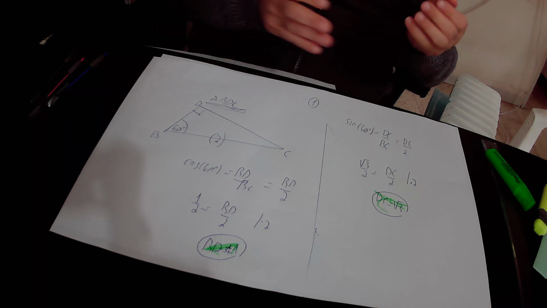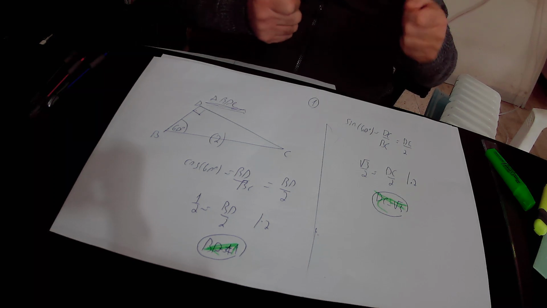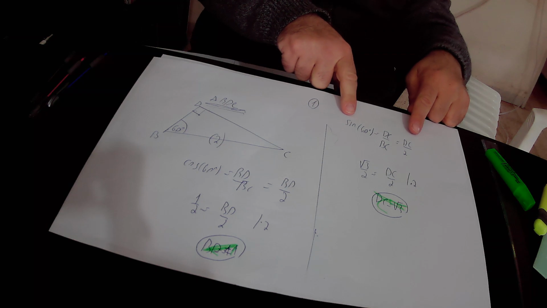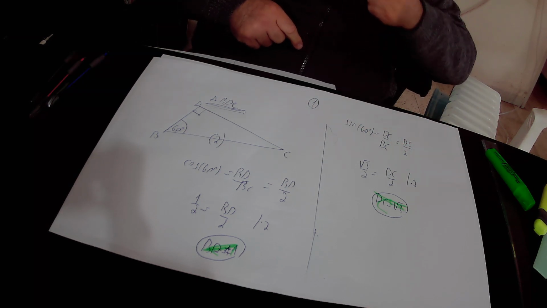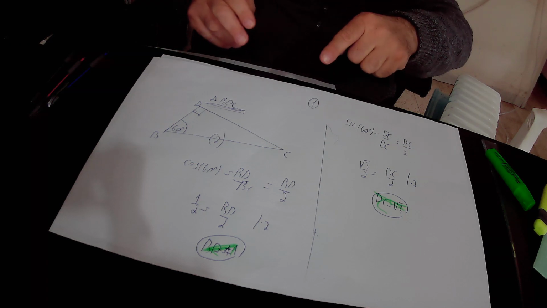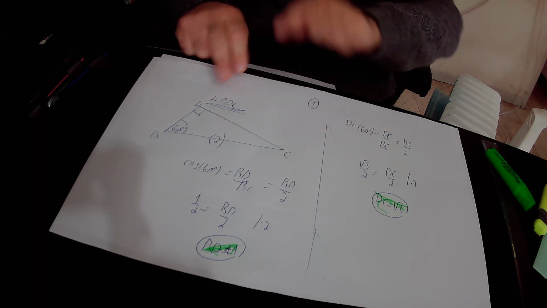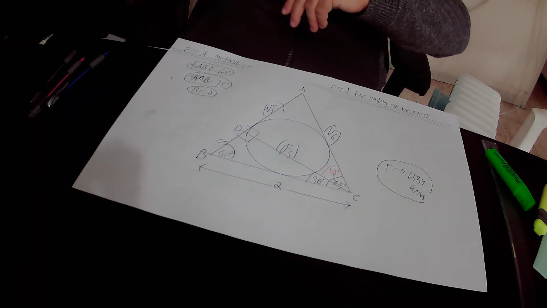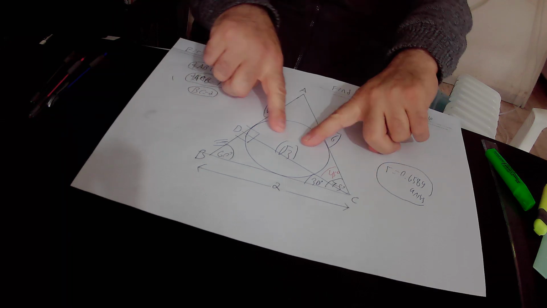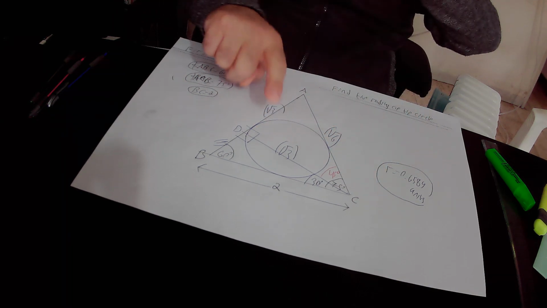Sine 60 degrees is square root of 3 over 2, so square root of 3 over 2 equals DC over 2. We multiply this equation by 2, and finally find that side DC equals the square root of 3 units in length.